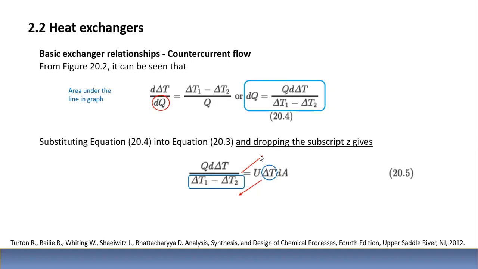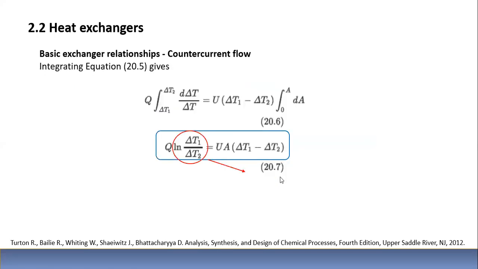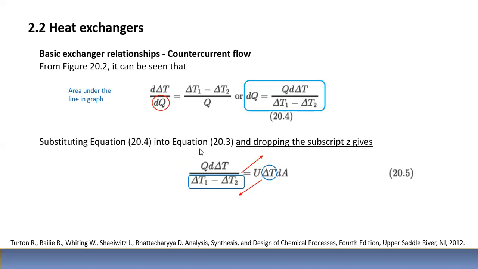We have d delta T over delta T right there, and on the right-hand side we will have delta T1 minus delta T2 times U dA, as you see right there. And Q is this Q on the left-hand side.